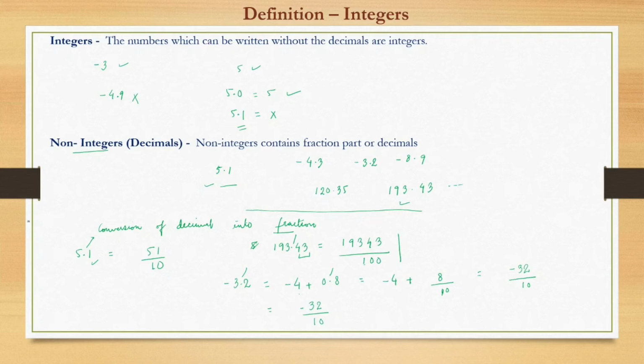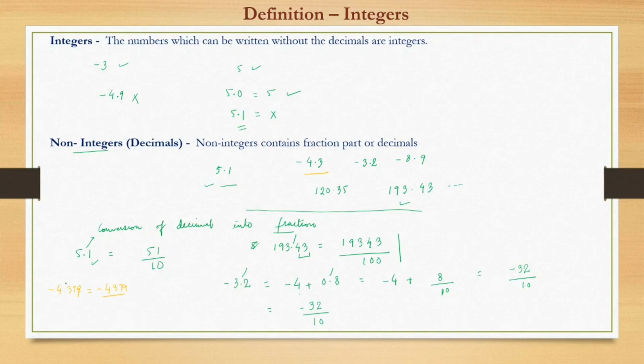Similarly, take another example, say minus 4.379.